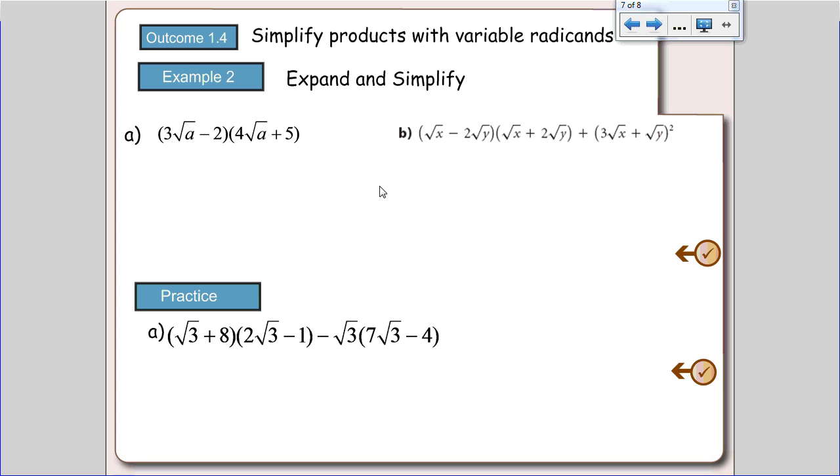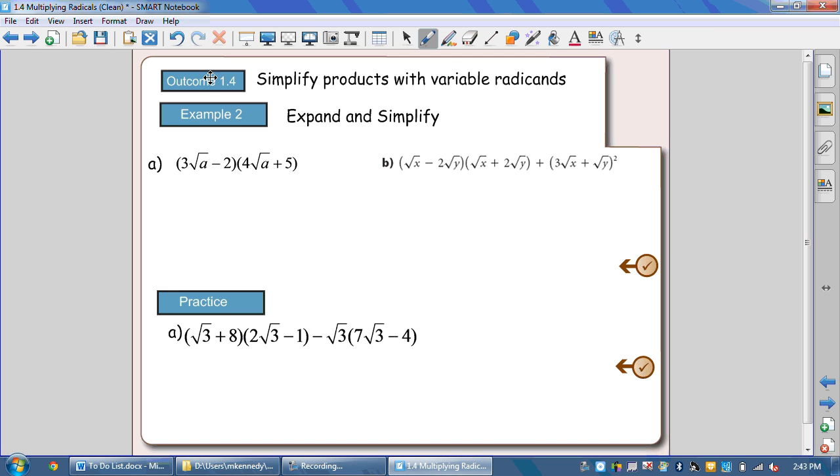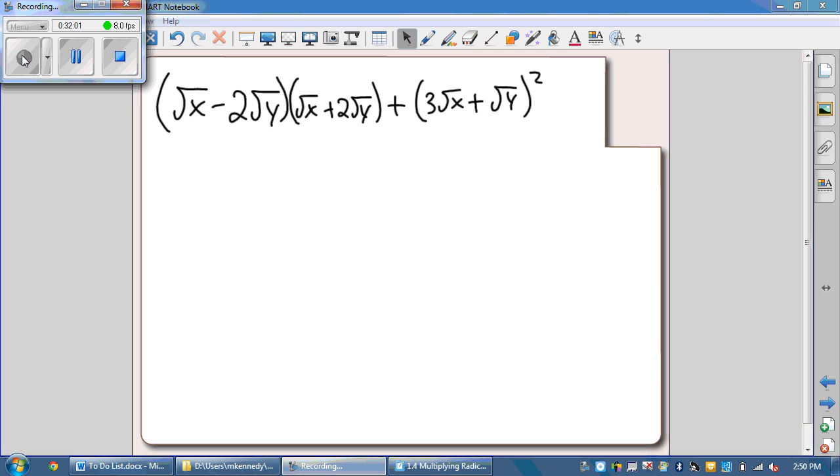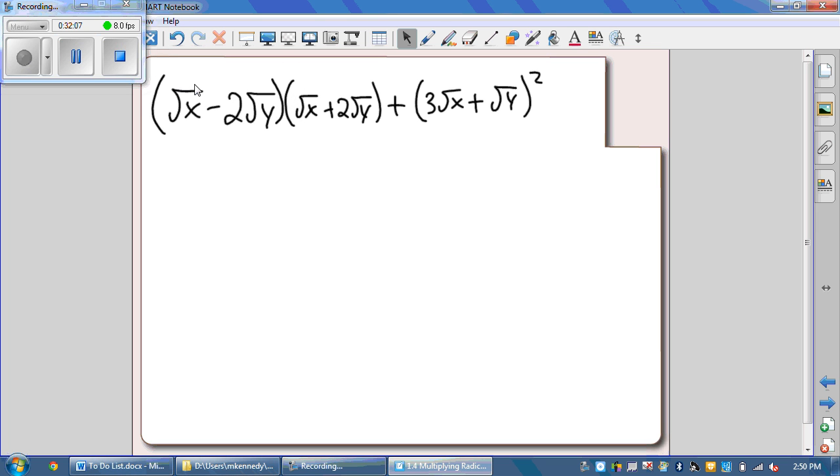Okay, I'm going to start with the first one. As I'm walking around looking, you guys are getting really good at the foiling part. Root x times root x is just your outside. Root x times 2 root y should give you plus 2 root xy.